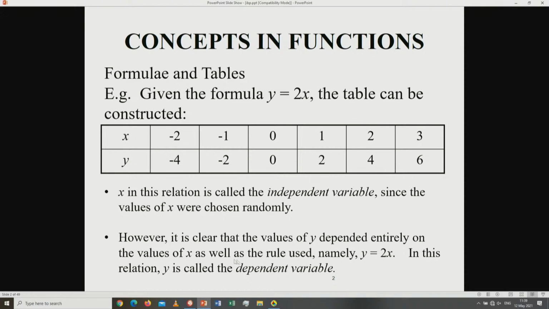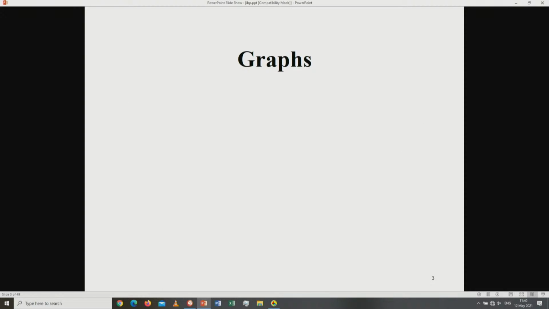So you can now see the rule used, the 2. Now y = 2x. In this relation, we call the y the dependent variable. Remember, x is independent, and y is the dependent variable. Very important to note the 2, because if we miss it here, we're going to struggle going forward.